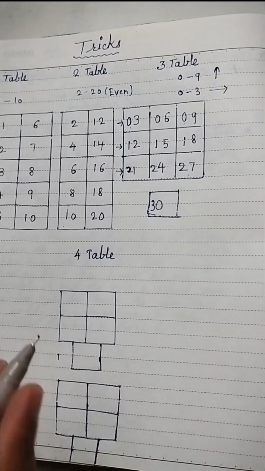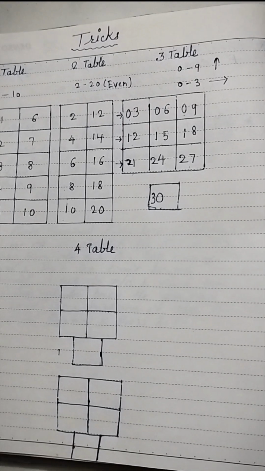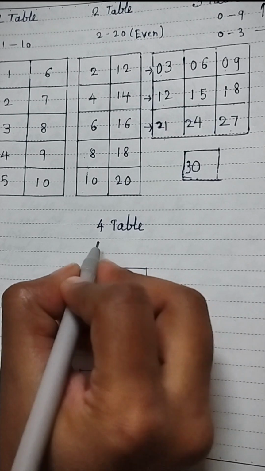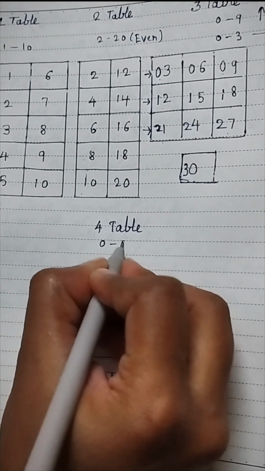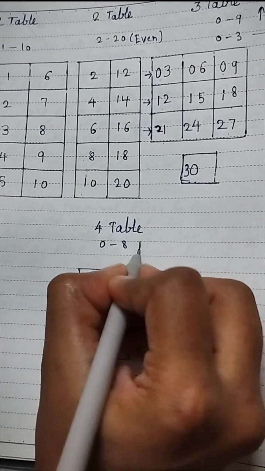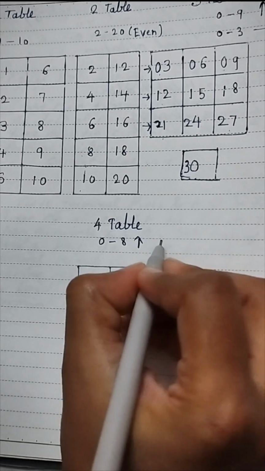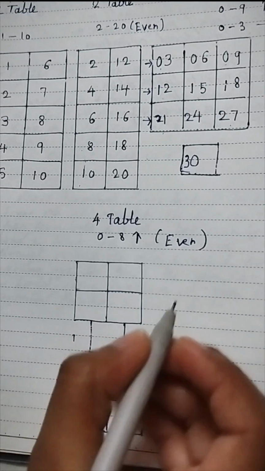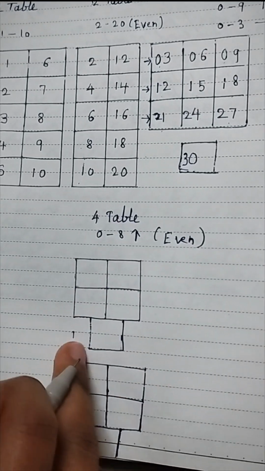Now next we are going to learn table 4. So here also you have to write numbers from 0 to 8 from bottom. But remember, you have to write even numbers from bottom.